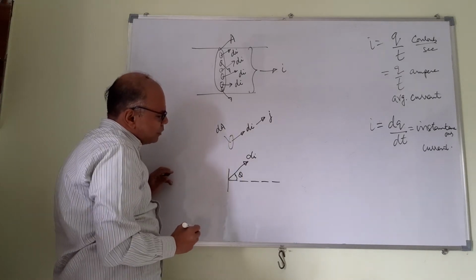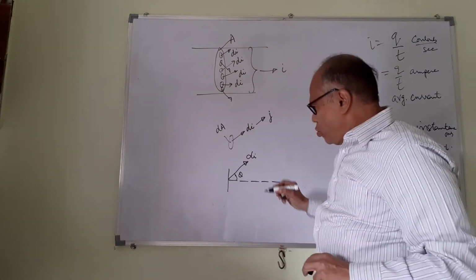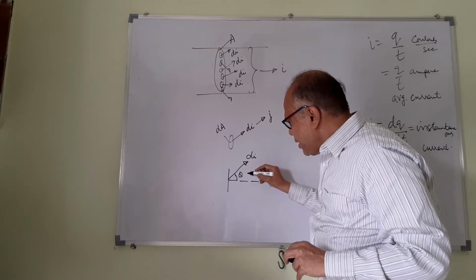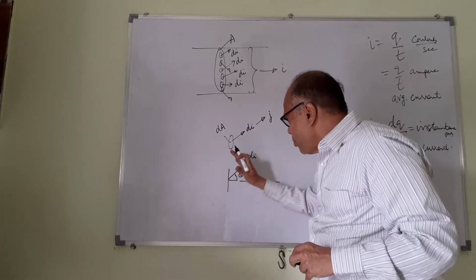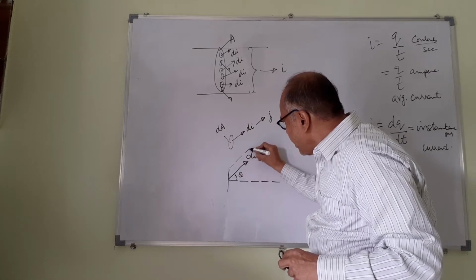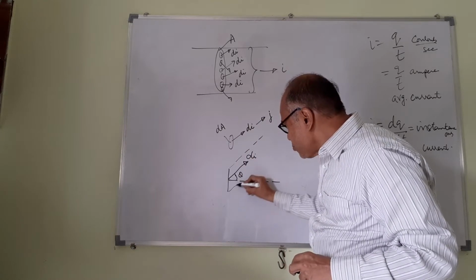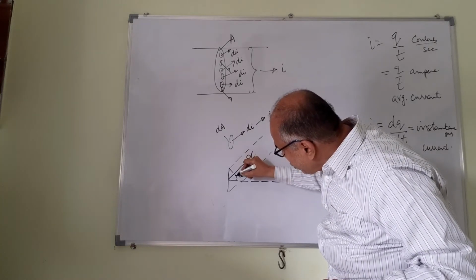So now we want the area perpendicular to the flow of current. So what I will do is draw two lines parallel to the flow of current, and drop a perpendicular from here.